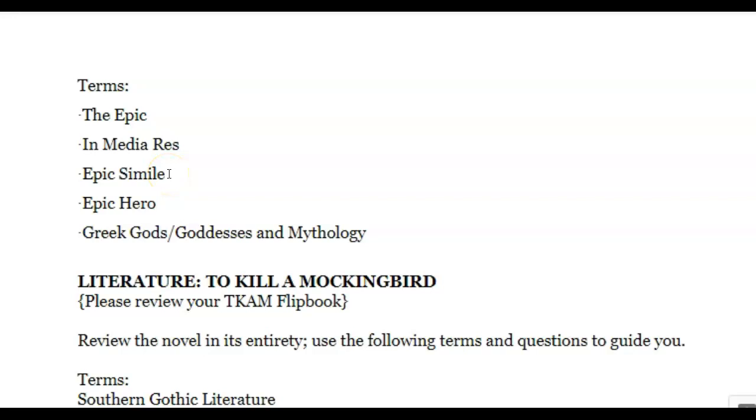An epic simile, or Homeric simile, I like to say those are similes on steroids. Homer is going to compare something that is completely outrageous to something you're familiar with.